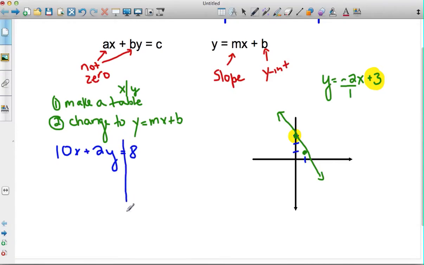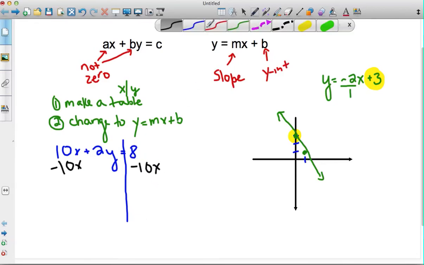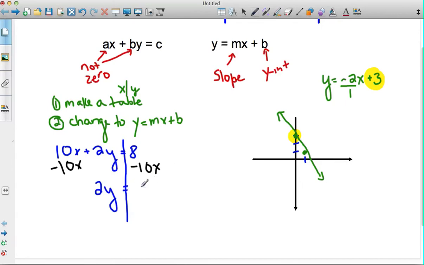So, draw this right here. First step, subtract 10x from both sides. Minus 10x. And you're left with 2y equals, again, in the slope intercept form, you always put the x first.